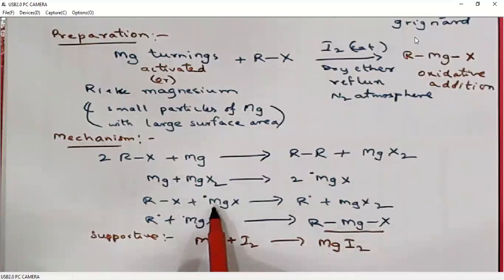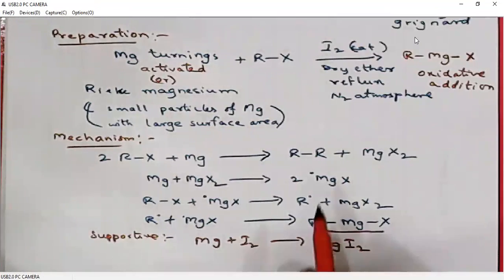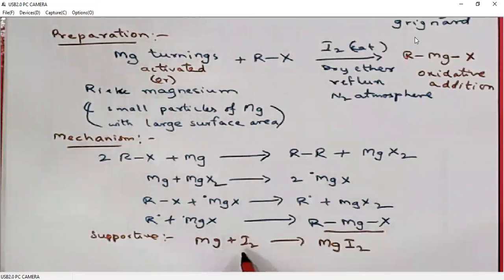That radical will react with alkyl halide to generate the R radical, and that R radical will generate the Grignard reagent. So to avoid loss of alkyl halide in the first step, we generally use iodine as a catalyst to activate the magnesium. Once magnesium is activated, that means magnesium halide is formed, that will further convert it to the Grignard reagent.